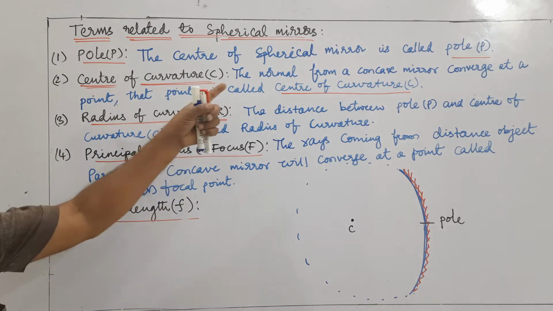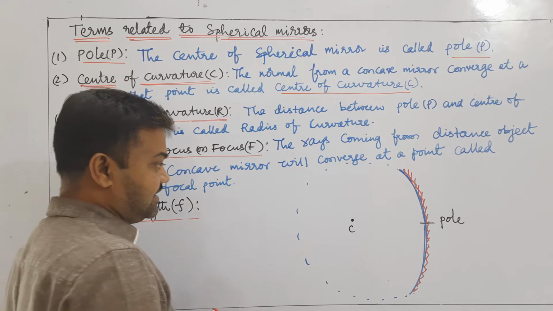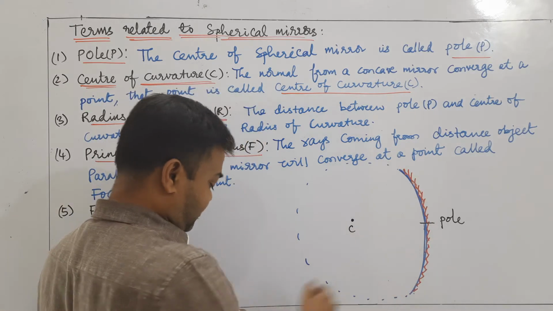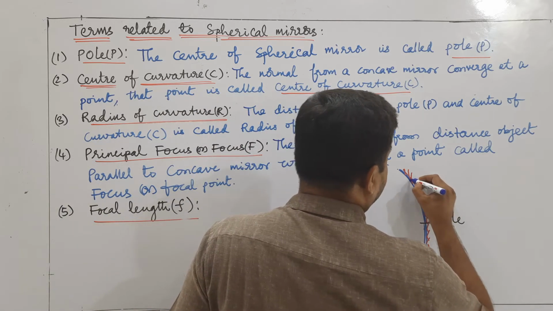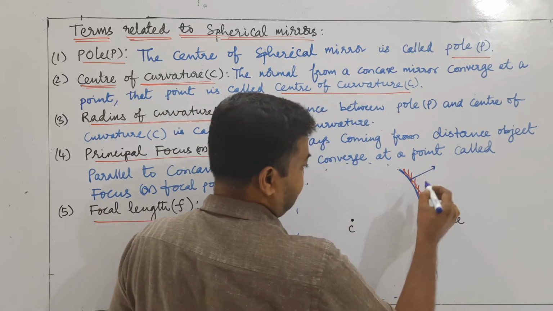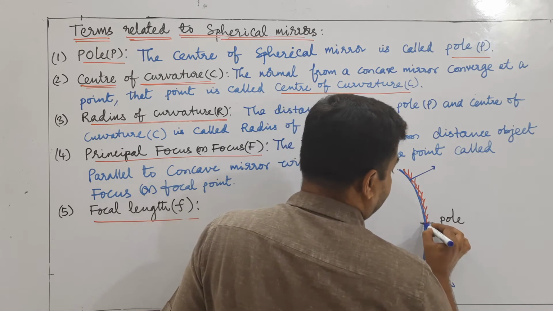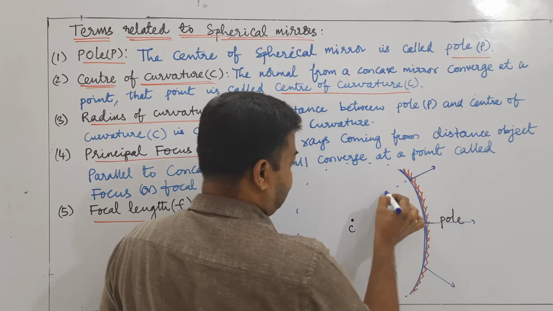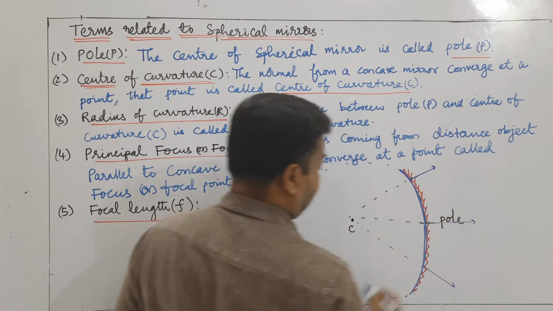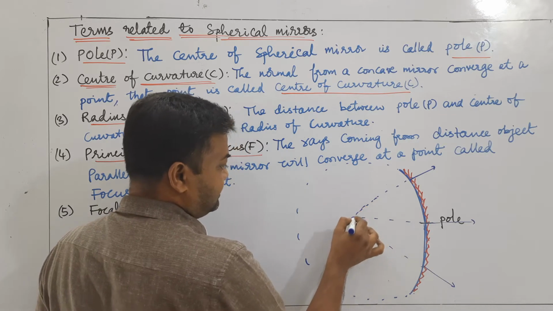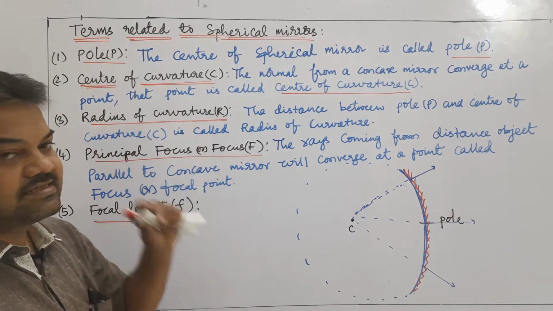Another definition: the normals from the concave mirror converge at a point. Suppose this is a concave mirror, and if you draw normals like this, this is a normal, and this is a normal. If all these are converging at one point, then that is also what we call the center of curvature.